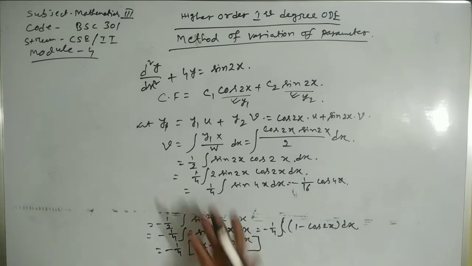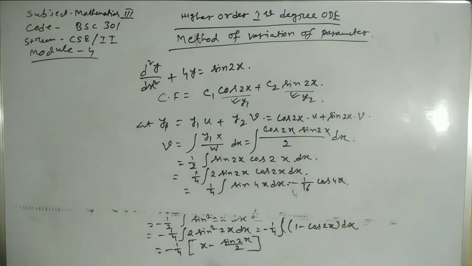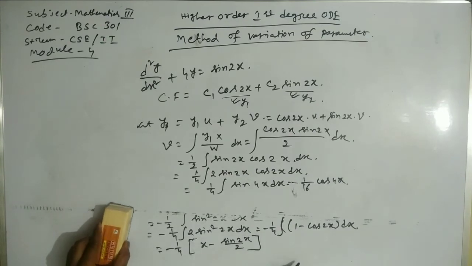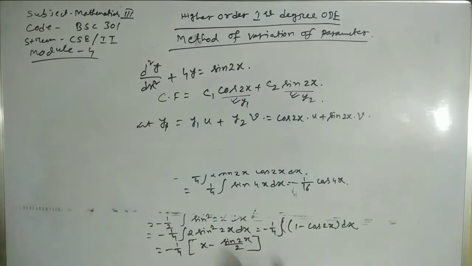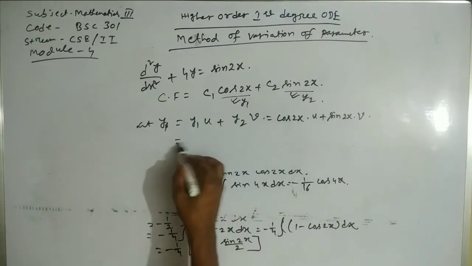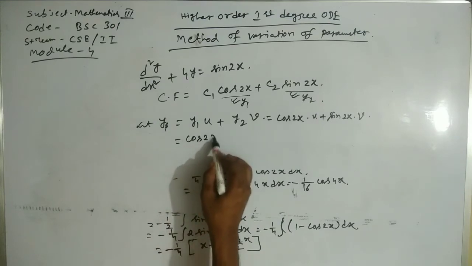Now we can put the value of u and v in the particular integral and we will get the particular integral. So here if we put the value of u and v, this will be cos 2x into u.